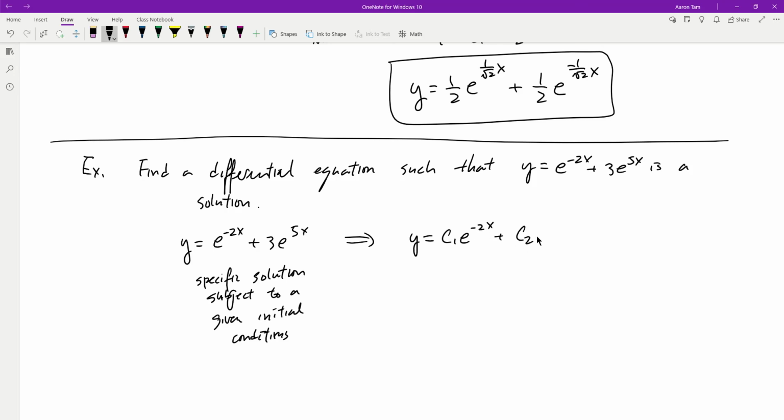So we can only assume that one possible solution to this, a general solution, would be this. So this is a possible general solution.